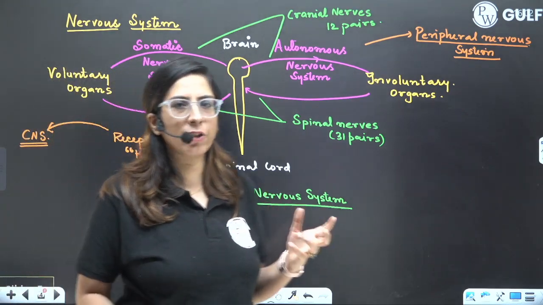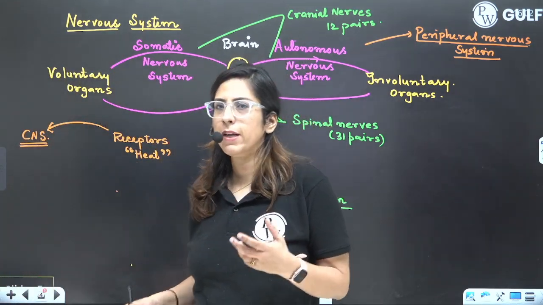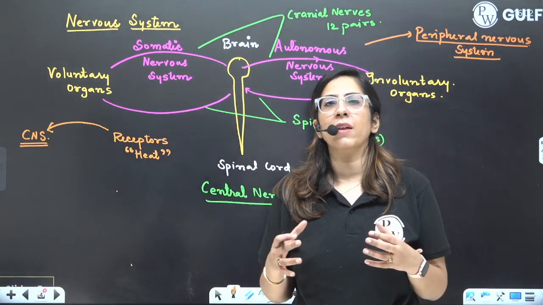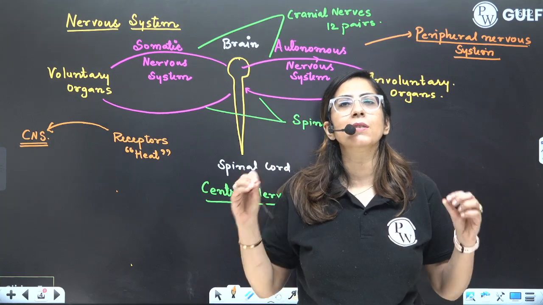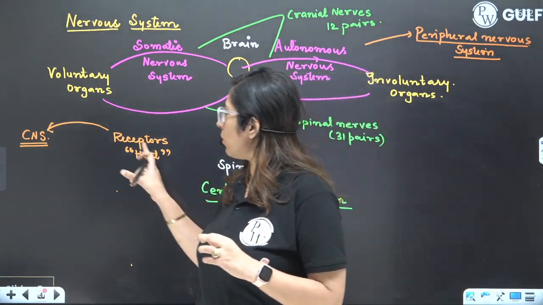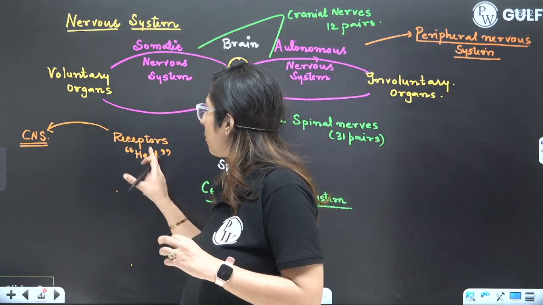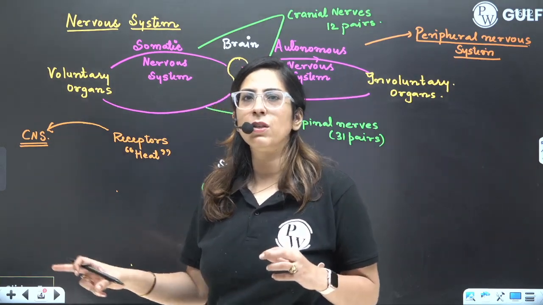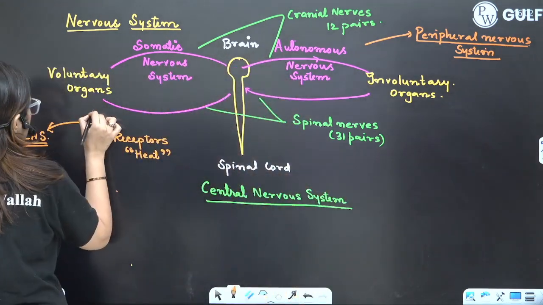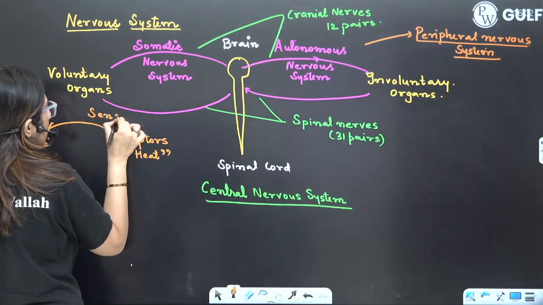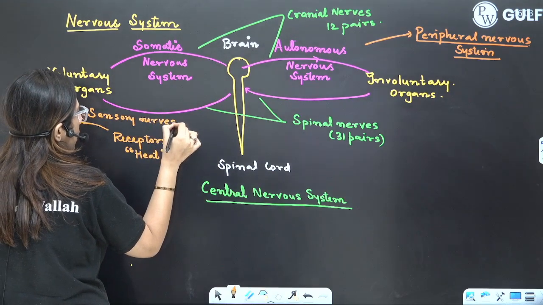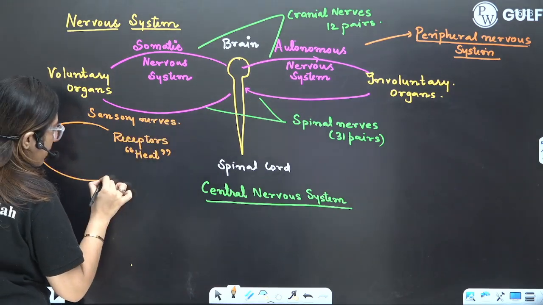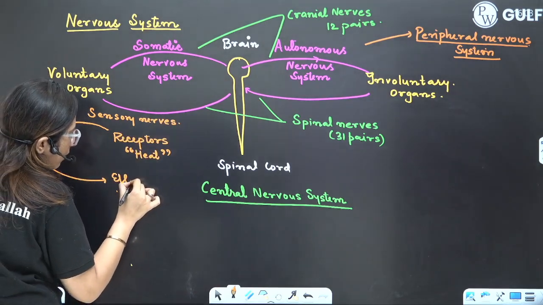Nerves are the collection of neurons. A neuron is a single unit, and when I say nerves, it means a collection. Those nerves which carry the signal from receptor to the central nervous system are termed sensory nerves. Now, the central nervous system will send the signal to the effector structure.